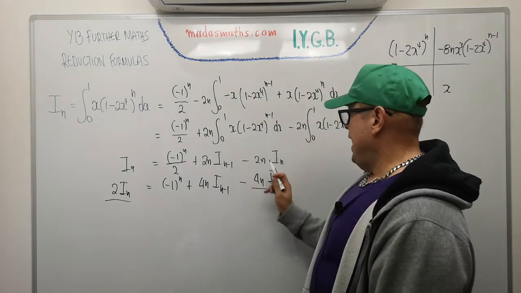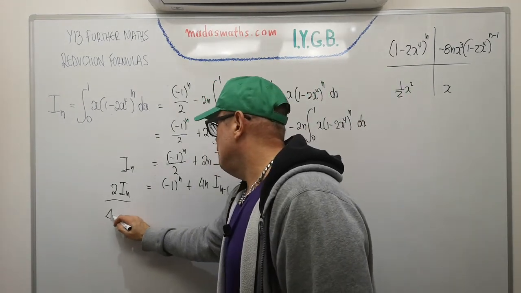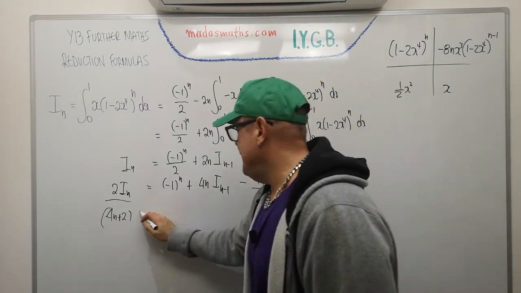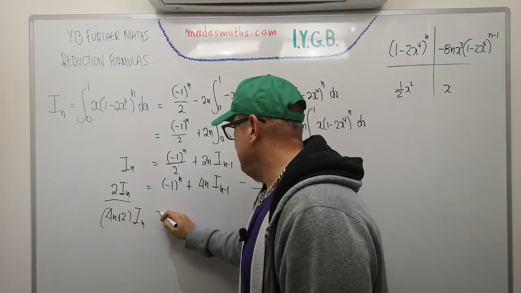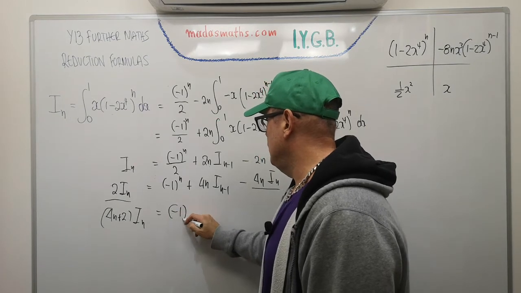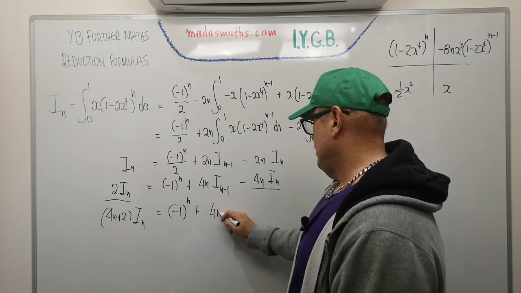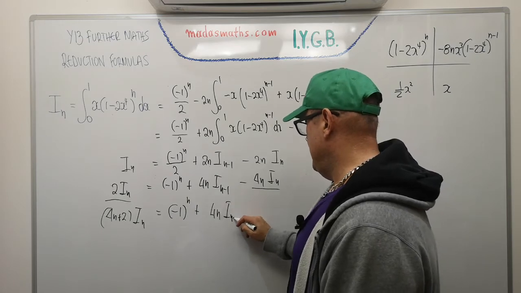So it's going to give me a 4n plus 2 lots of I_n is equal to minus 1 to the power of n plus 4n I_(n-1).